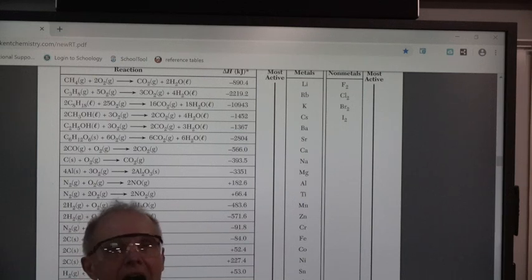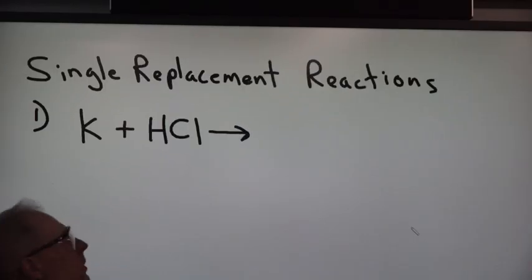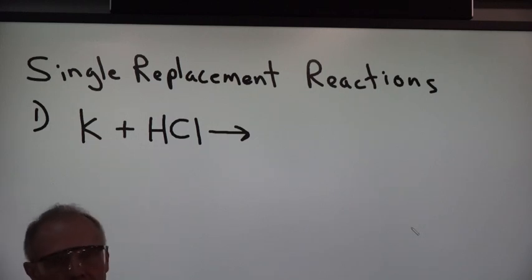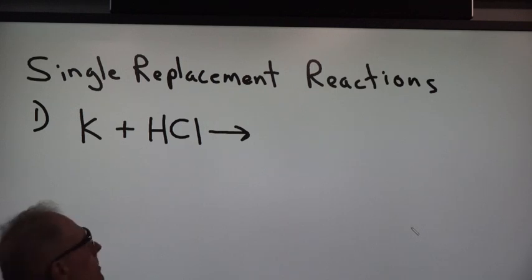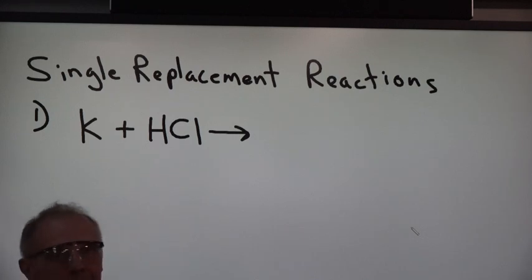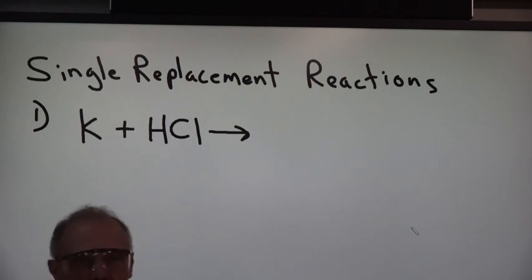All right, so now we're going to start with the single replacement reactions. Now, the first reaction we're going to do is potassium with hydrochloric acid. Now, if you look on your reference table J, potassium is way up high. So obviously, we can't do this in lab because it would probably make an explosion.